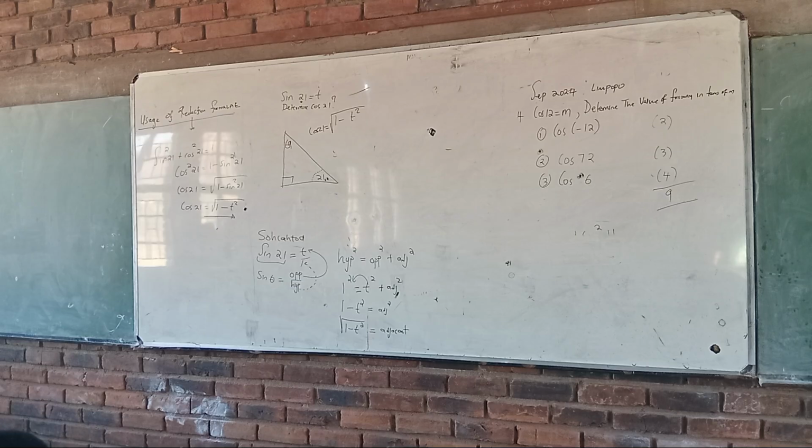September 2024 Limpopo question. If cos 12 is m, determine the value of the following in terms of m. They want to know about cos of the angle negative 12. They want to know about cos 72. They want to know about cos 6.